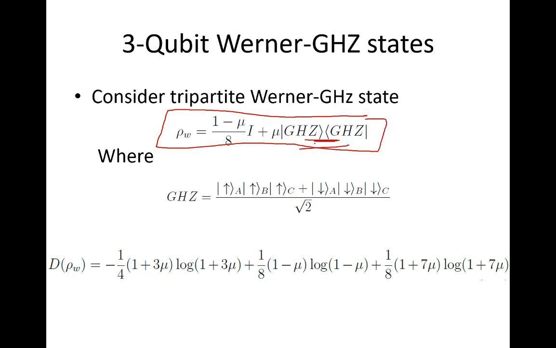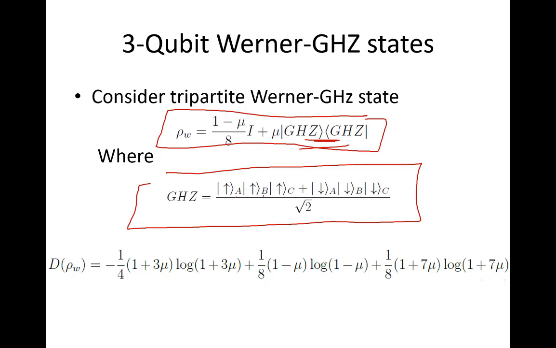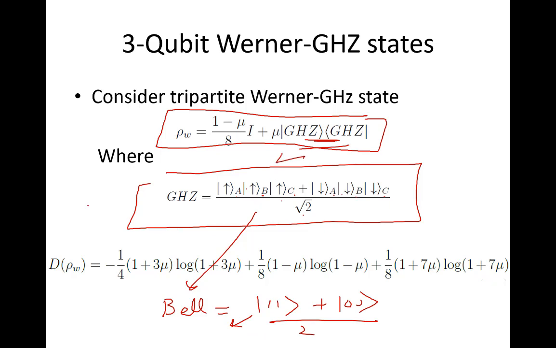I have replaced the general pure density matrix by the GHZ state, where GHZ is up state for A, B, C plus down state for A, B, C, divided by root 2. This is very much similar to the Bell state, where the Bell state is 11 plus 00 divided by root 2. This is for 2 qubits and this is for 3 qubits. For 3 qubits we define the GHZ state, which has the same property as Bell states, just its dimensionality is 3 by 3, whereas for 2 by 2 we have the Bell state. If you calculate its discord, you will get this result.